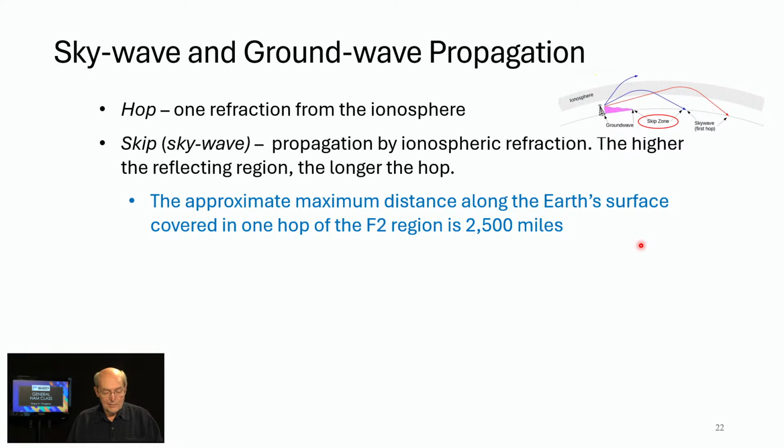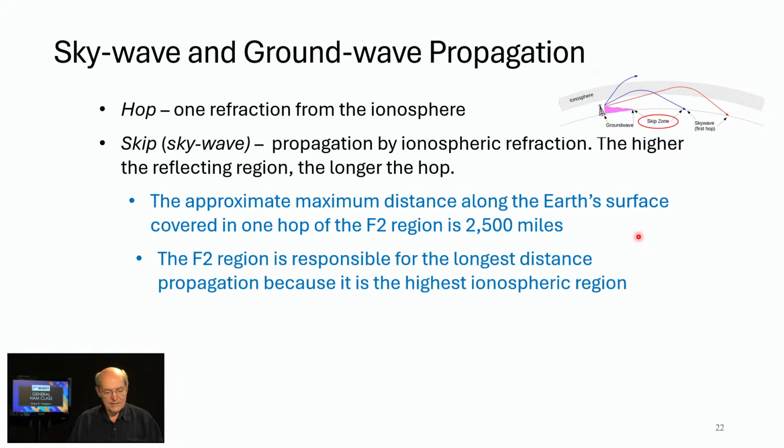And I think we commented on this earlier, the approximate maximum distance along the Earth's surface covered by one hop of the F2 region is 2,500 miles. Now the F2 region is the highest region, so it's going to go the furthest. F2 region is responsible for the longest distance propagation because it's the highest ionospheric region.